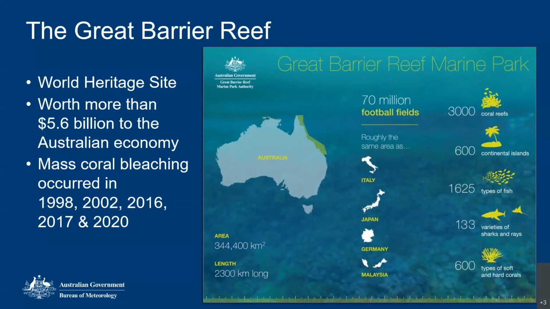So the Great Barrier Reef is quite significant. We've already talked about how large it is, the size of Italy, 2,300 kilometers of coastline. It's worth 5.6 billion to the Australian economy, largely due to things like tourism and fisheries. So it's a very valuable asset.